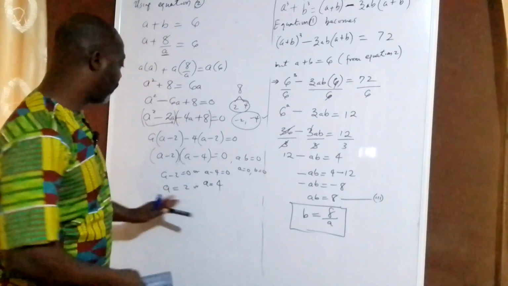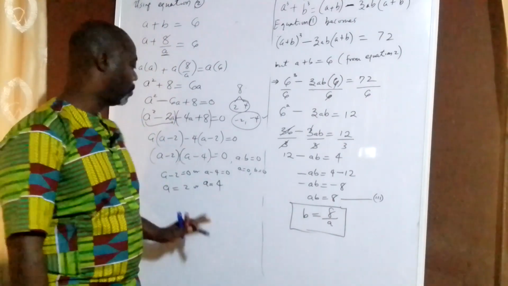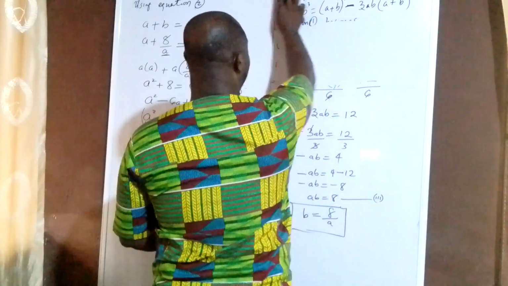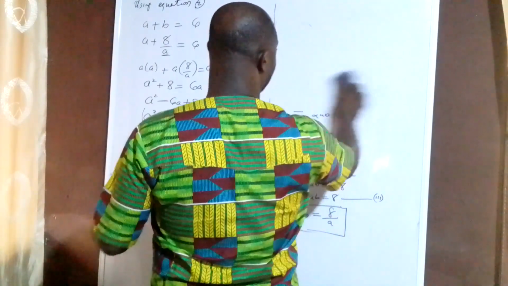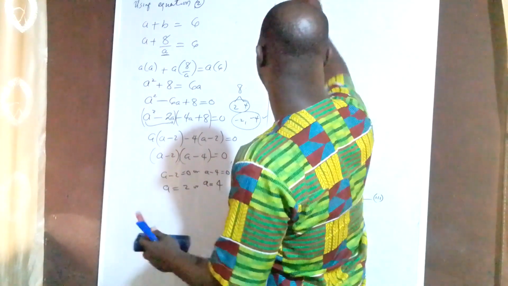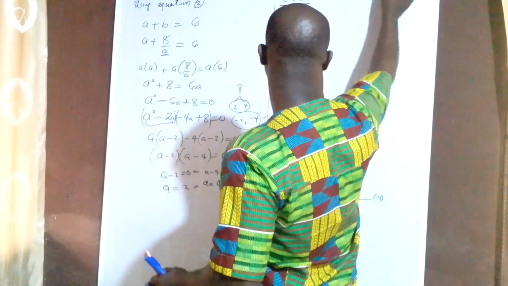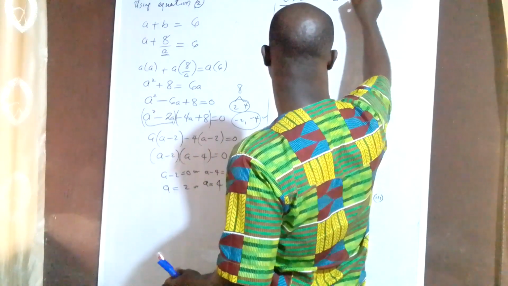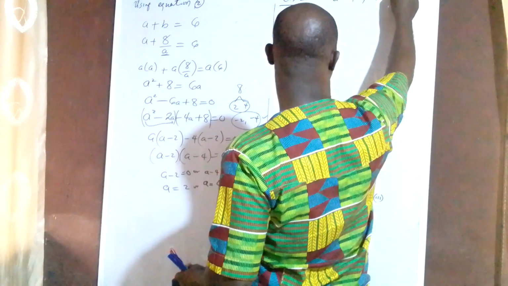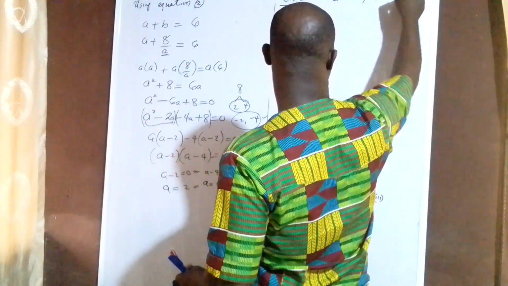Now, for these 2 values of a, let's determine the values of x and y. So we call this the case 1, okay? Case 1. We have a equal to 2 and a equal to 4.